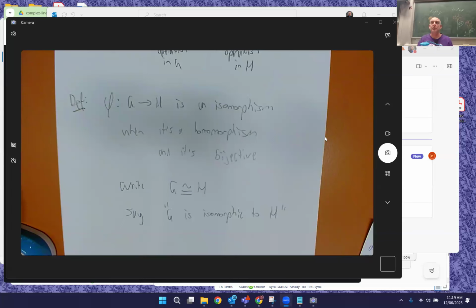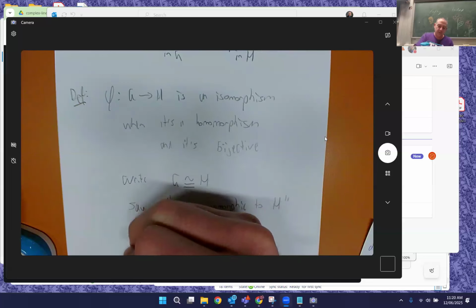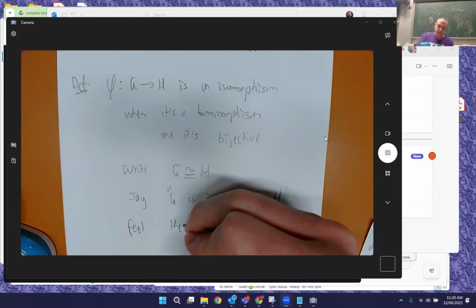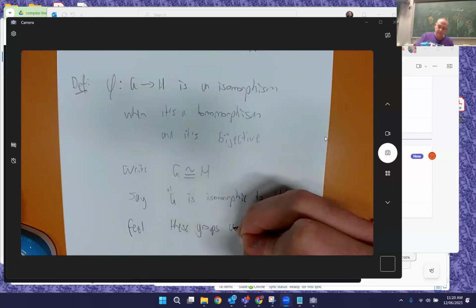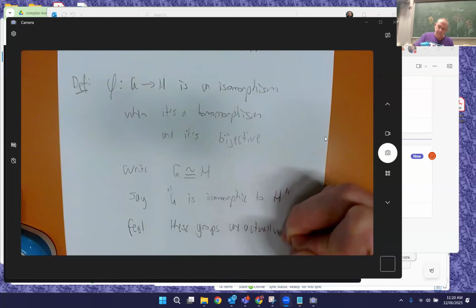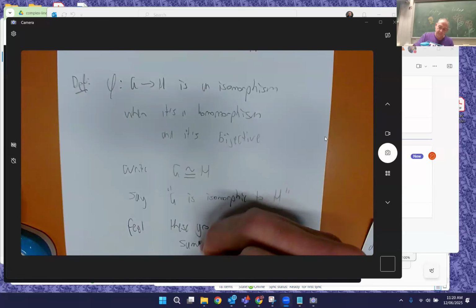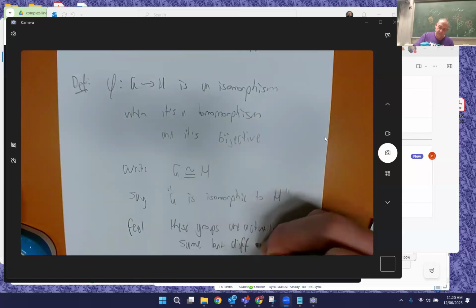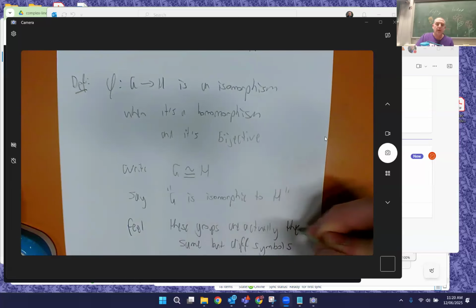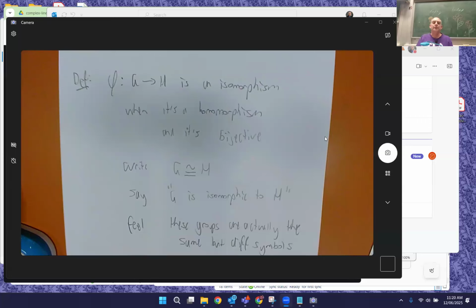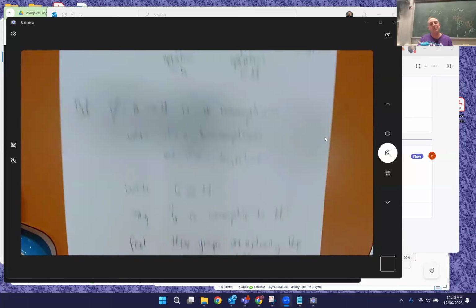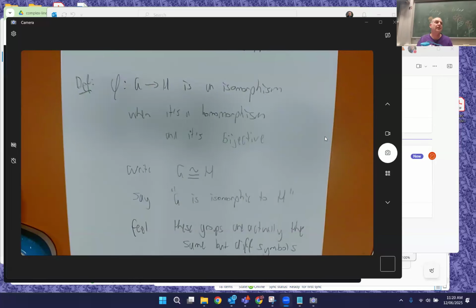And you'd feel that these two groups are actually the same group, just written with different symbols. Okay. Cool. So their operations work the same way, and they're the same size. So that's basically it. They're the same group.